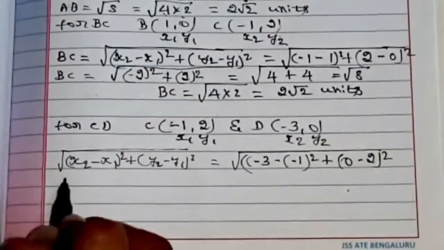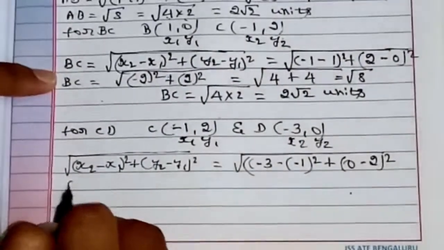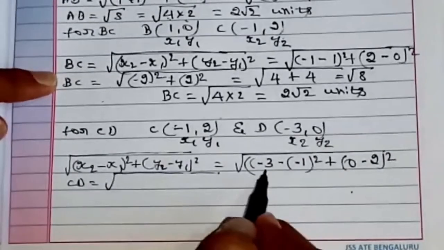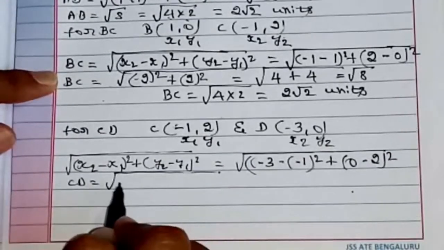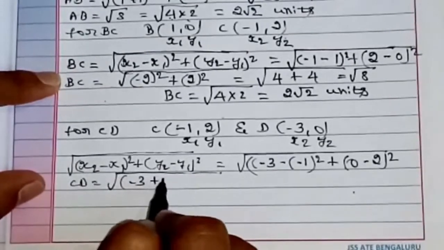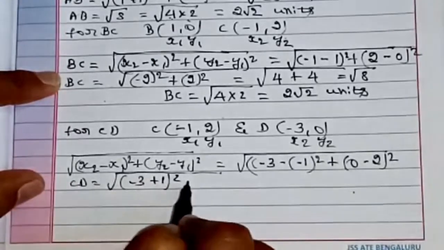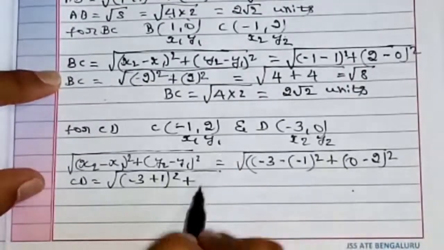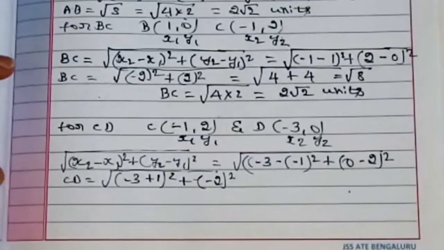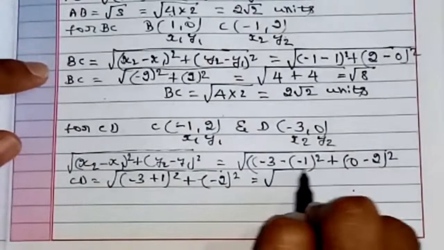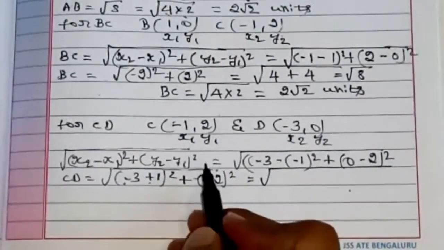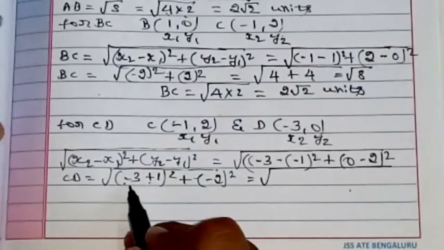Now simplify this. CD is equal to the square root of, first open the bracket, keep the minus 3 as it is, minus into minus is plus 1, so (minus 3 plus 1), which is minus 2, whole square, plus (0 minus 2, which is minus 2) whole square.